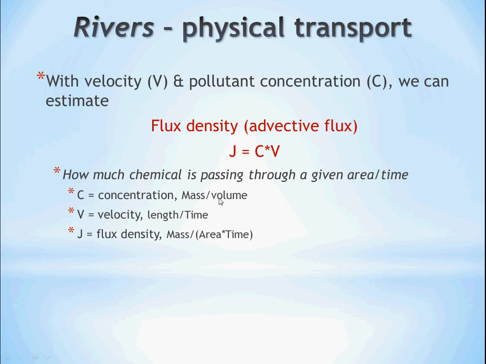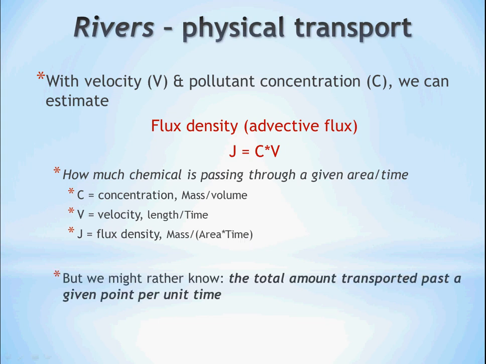Concentration is mass per volume, velocity is length per time, and flux density has these funny units that just mean what mass of a chemical is moving through a cross-sectional area, in this case of a river, over a given time, per second, per minute, per hour, per day. Okay, but we might rather know how much of a chemical is being transported past a given point per time. So if you're just standing on the side of the river, how much is going by you in terms of mass?